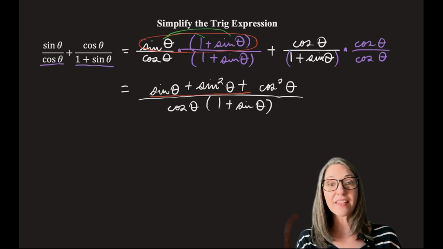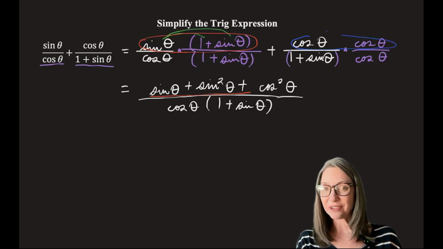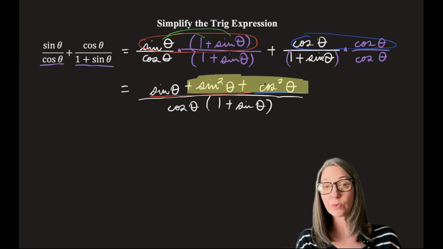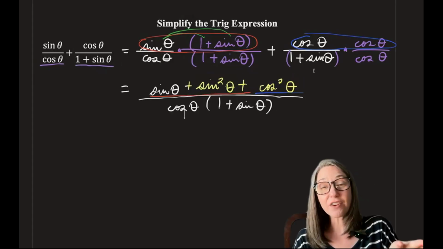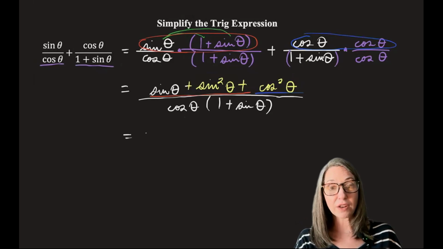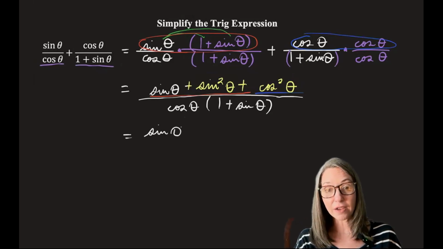Now, when you look at this, hopefully you know your identities well enough to notice that sine squared theta plus cosine squared theta, that's the Pythagorean identity. That's equal to 1. And so we can replace that by 1.